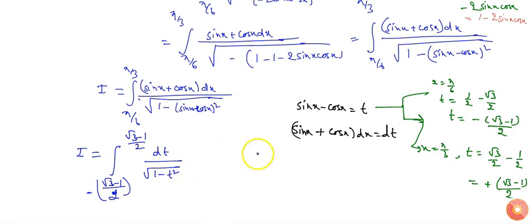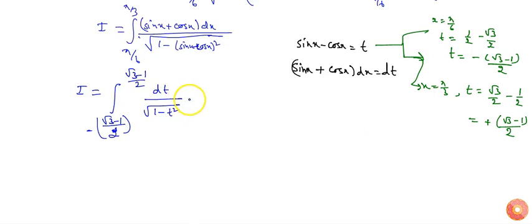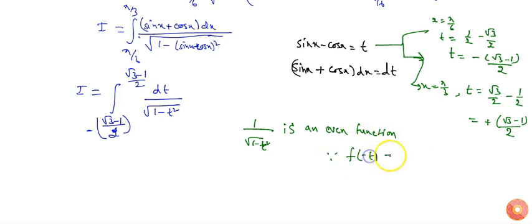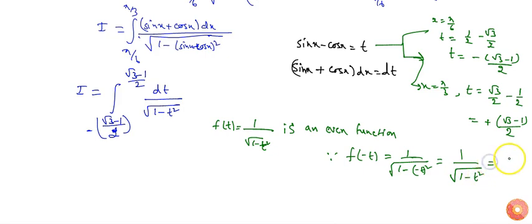And I know that 1 by root 1 minus t square is an even function. Let's say it is f(t), then f(minus t) is 1 by root 1 minus t square, which is also equal to f(t).